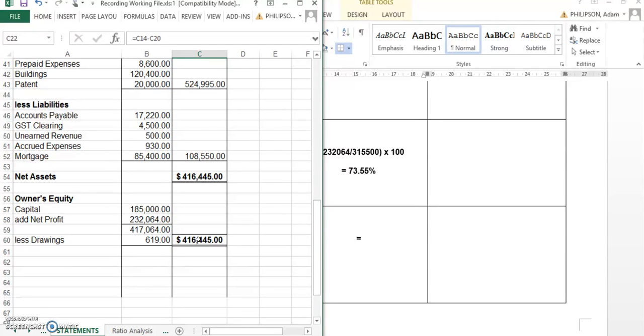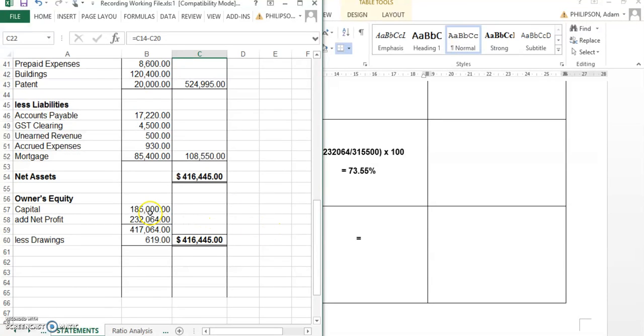Now your exam question might state at the bottom, like it has in the textbook a couple of times, that owner's equity for last year is a certain figure, and then you can plug that figure into your calculation. However, a tip as you go on through the next couple of years, you'll notice that we close everything off to capital at the end of the year before we roll over.